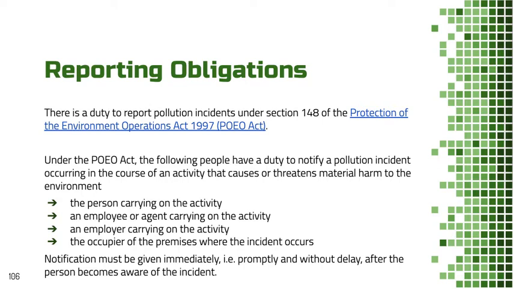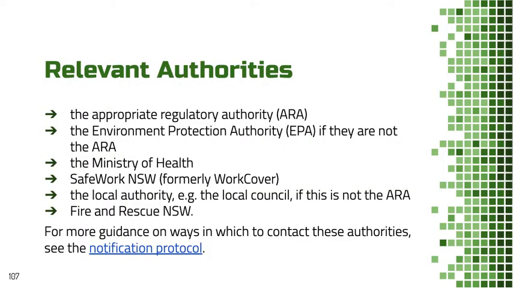So if a worker comes up to you and says, 'Hey boss, we've had an accident and we've got petrol leaking into the stream,' the first thing you need to do isn't to try and get the petrol out of the water yourself. The first thing you need to do is report it. And part of those reporting procedures includes letting the relevant authorities know. In a case like petrol leaking into water, you might start with Fire and Rescue New South Wales to let them know. They are one of the relevant authorities that you need to notify when there is an incident.